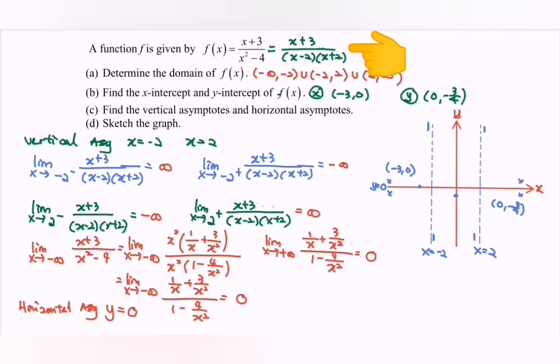If we substitute, very obviously, we will have a value less than 0. Continue. If we substitute x approaching 100, because here they mention x is positive infinity, we will have a value greater than 0. So finally, the graph will be something like this.